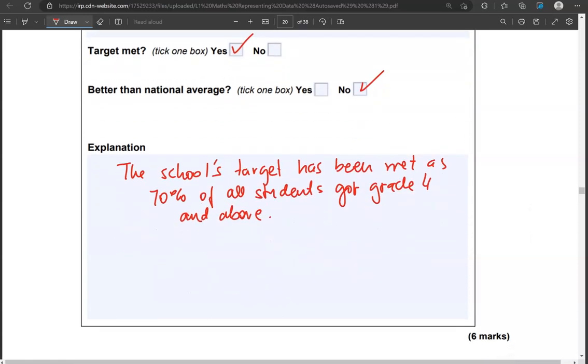So we've said that the school's target has been met as 70% of all students got grade 4 and above.